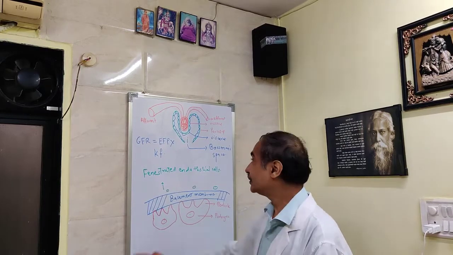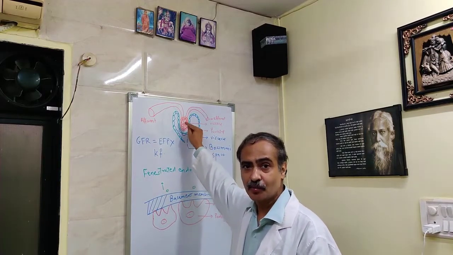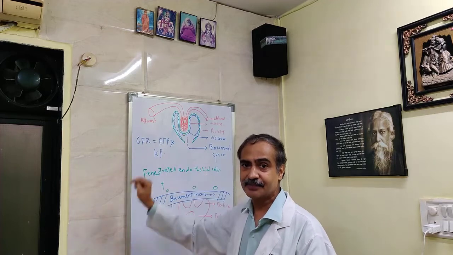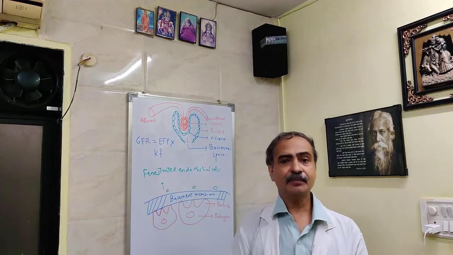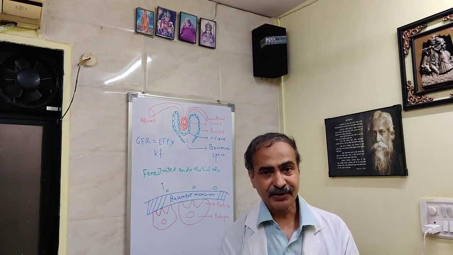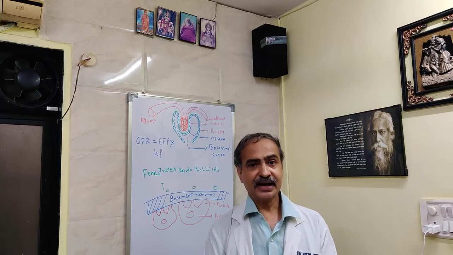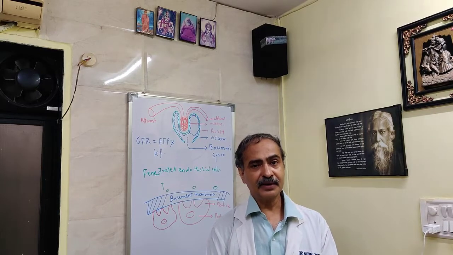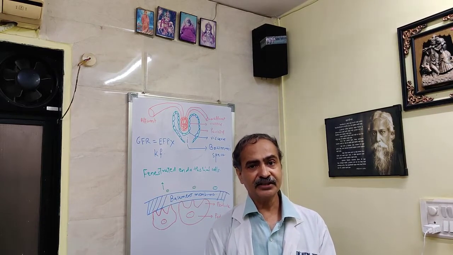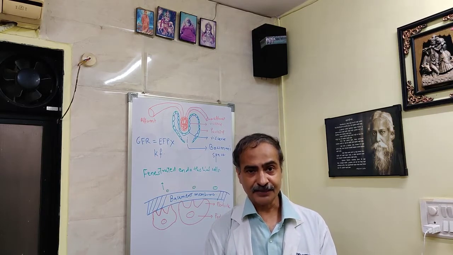Now the next factor on which it depends is the driving force, that is the transglomerular or intraglomerular hydrostatic pressure, which in turn depends upon, one, renal blood flow, that is the state of dilatation of the afferent arteriole, and second, systemic blood pressure. Both dilatation of the afferent arteriole and normal blood pressure are responsible for increased blood flow, hence increased hydrostatic pressure and increased glomerular filtration rate.